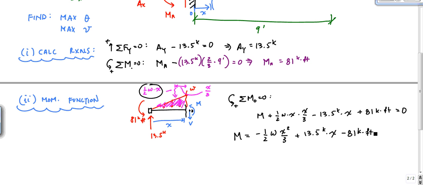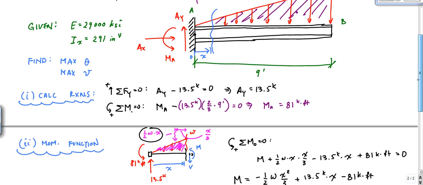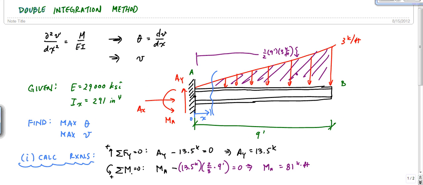Okay, so that looks good so far, except now I need to know what w is. If I go back up here, w is associated with that point right there. By similar triangles, I can figure out what w is. w over x is equal to 3 kip per foot over 9 feet.